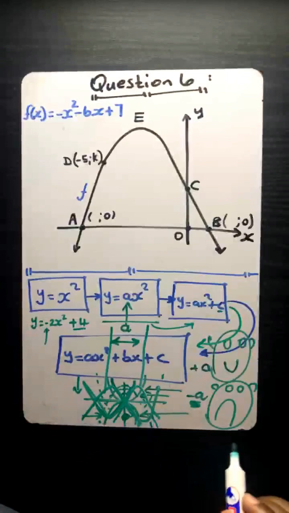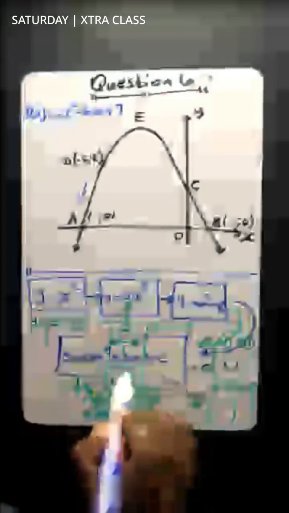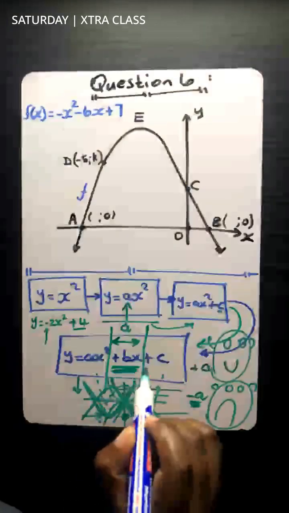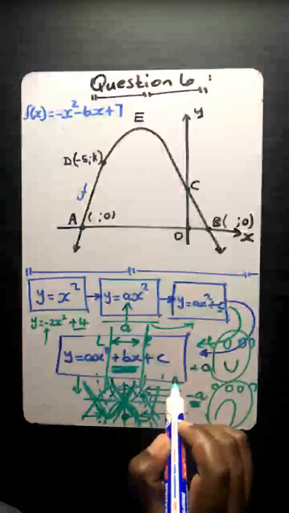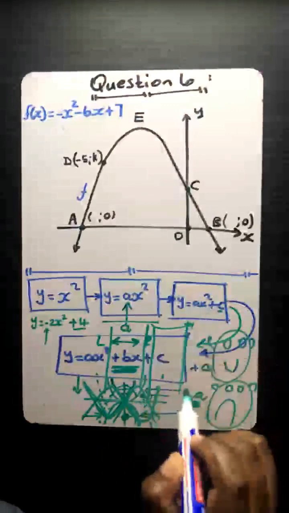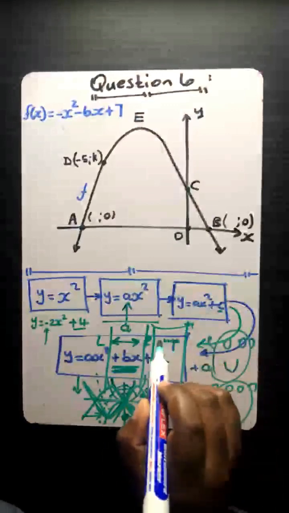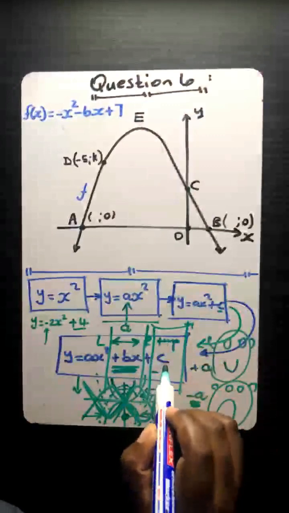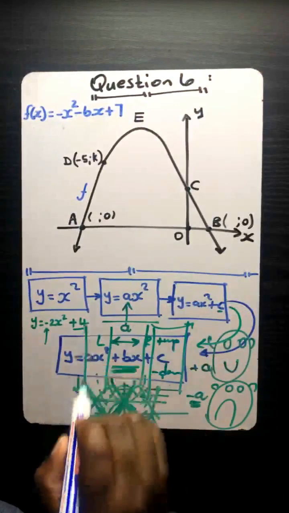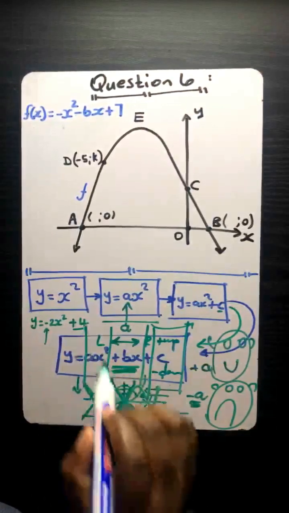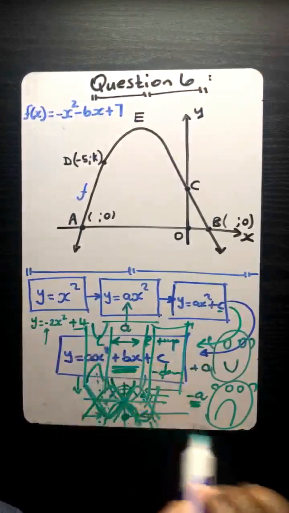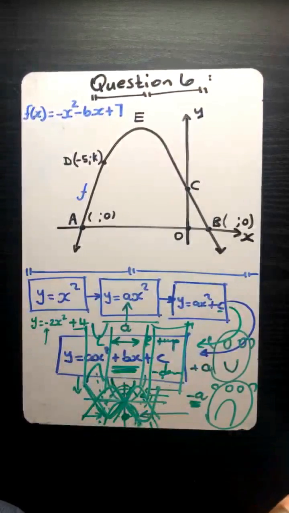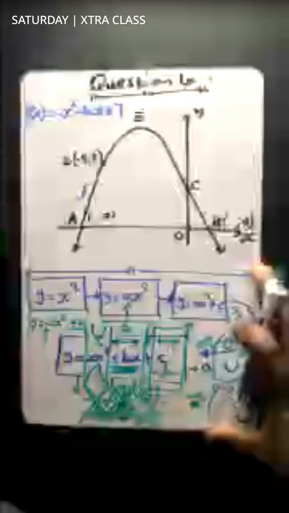So that means this portion, the BX, tells us more about the left and right. And then this one tells us more about the up and down. And then that one tells us more about the shape being that of a smiling or that of a sad shape.